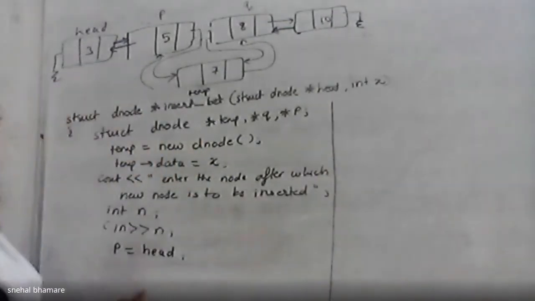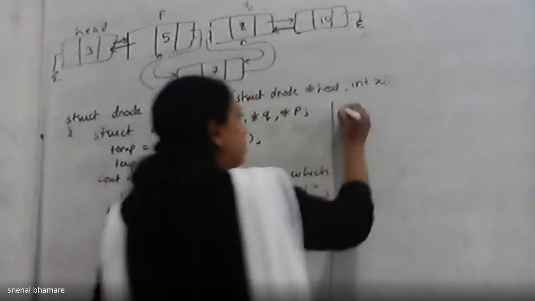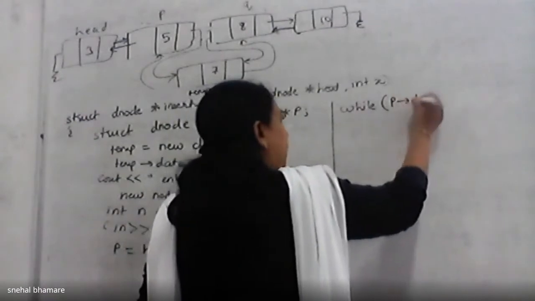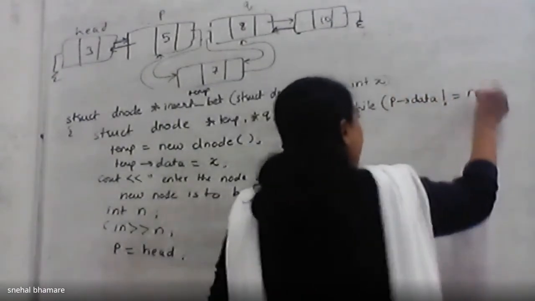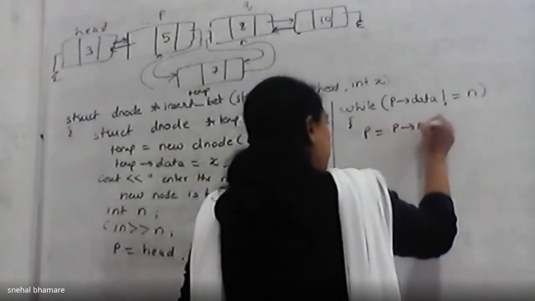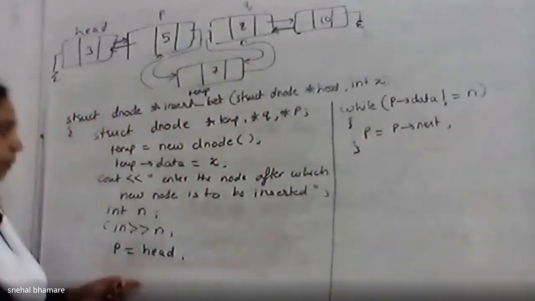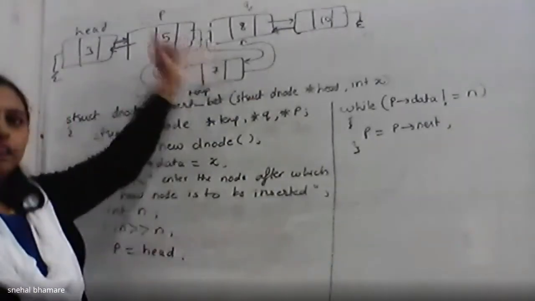Initially p is going to be head, then while p data is not equals to n, p is equals to p next.